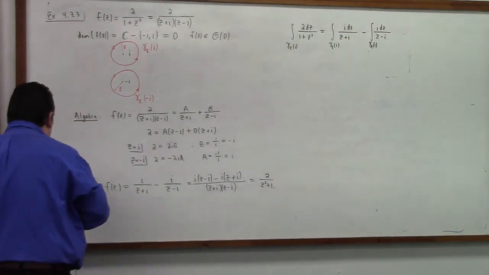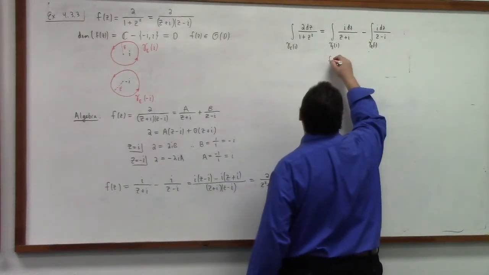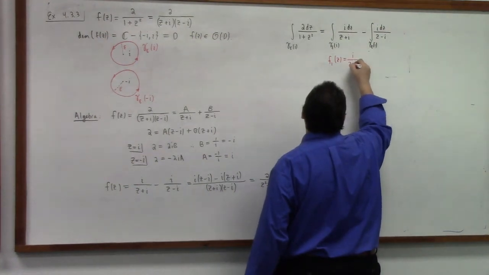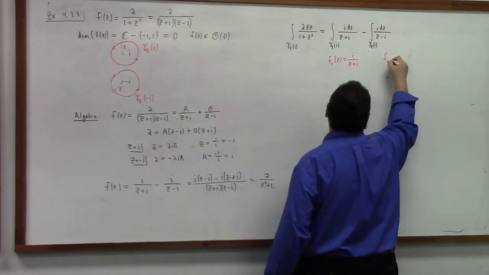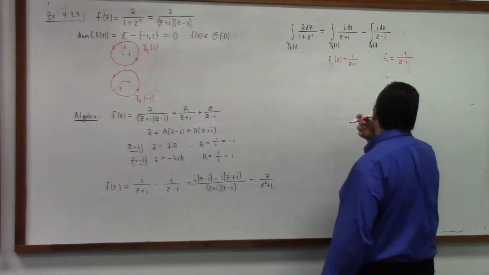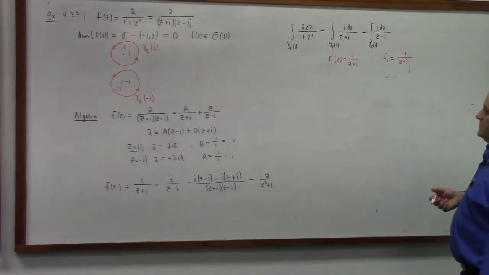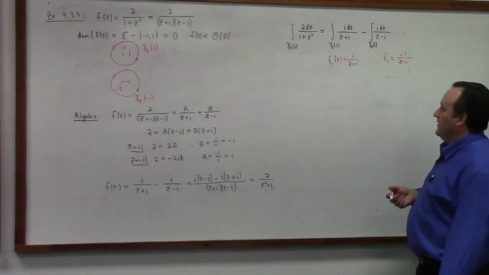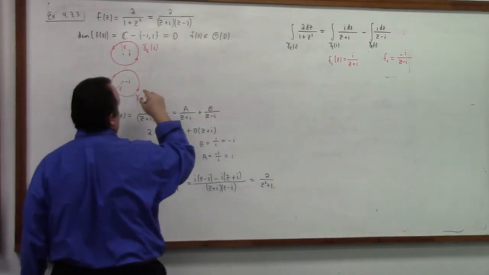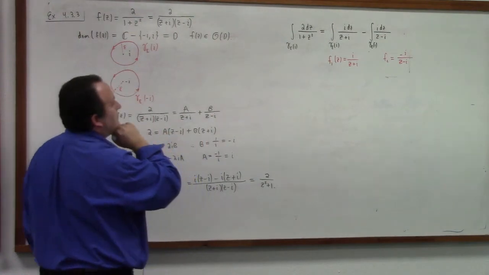Let me introduce F1 of z, i over z plus i, and F2, minus i over z minus i. Which one of these has trouble on the circle centered at i? The second one. Yeah, exactly.